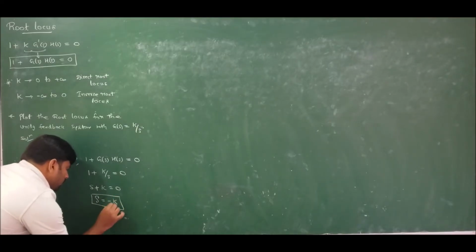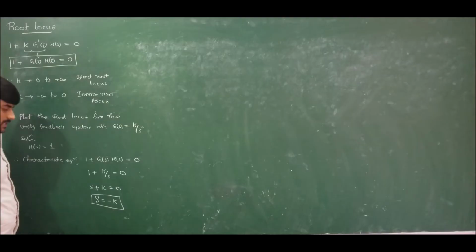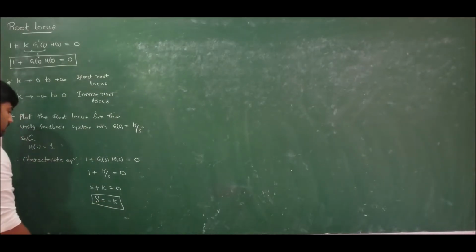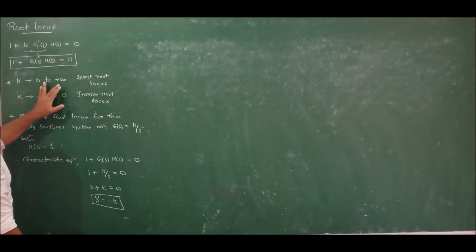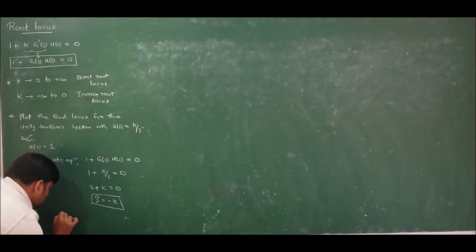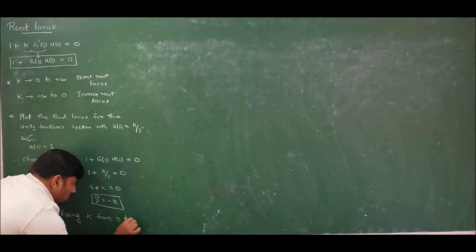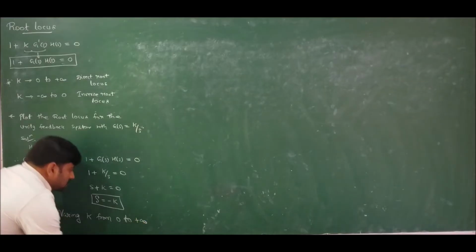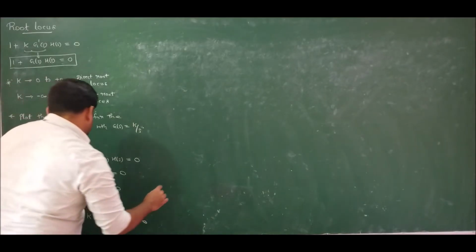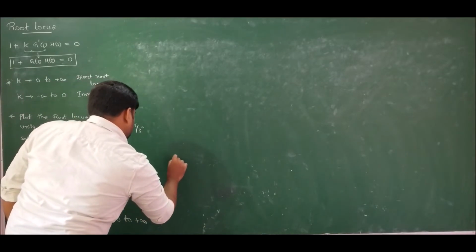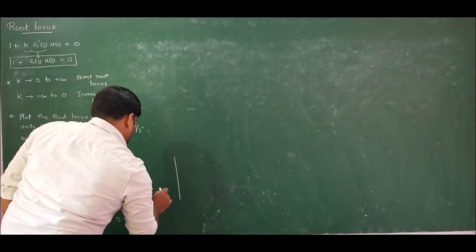Now plot the values of s in the complex plane or s plane. Now vary the value of k. For various values of k, if k is varied from 0 to plus infinity and we plot it, what are we going to get?